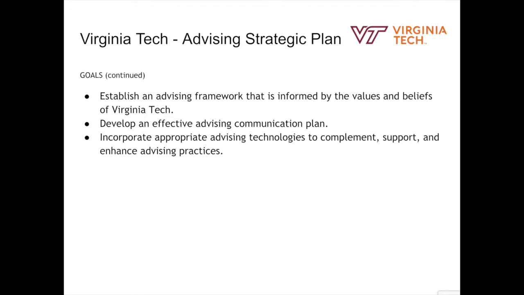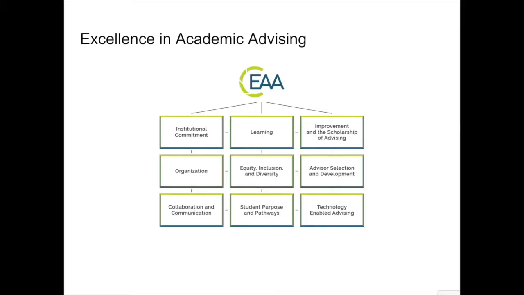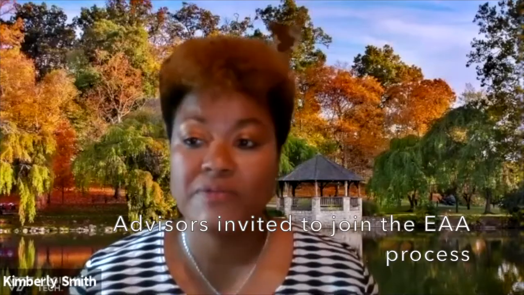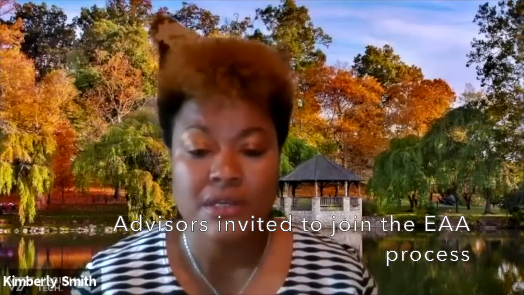But for the sake of this conversation, why this has taken off and become a really important part of our advising community is that we use standards put out by EAA, the Excellence in Academic Advising, in terms of the 9 conditions of excellence in academic advising. We invited every advisor within our advising community to join one of these subgroups, one of the conditions, to really examine our institution.